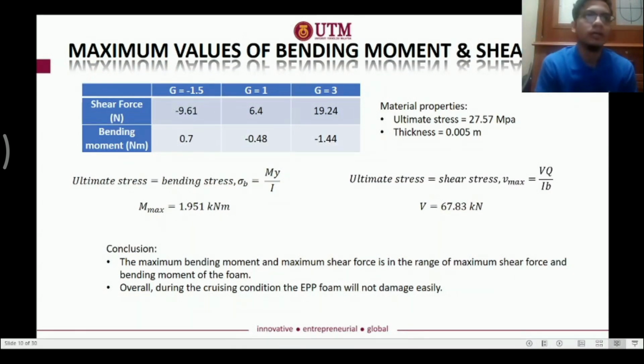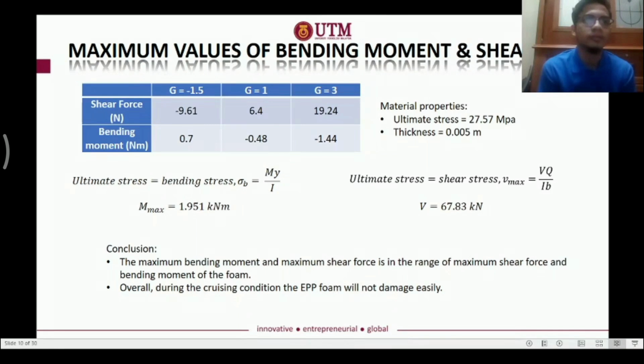With the shear bending diagram, firstly we must know the material properties of the material we use in the fuselage. In the fuselage we use EPP foam. The ultimate stress is 27.57 megapascal and the thickness we use is 0.005 meter. With the material properties, we can calculate the maximum bending moment the foam can withstand.